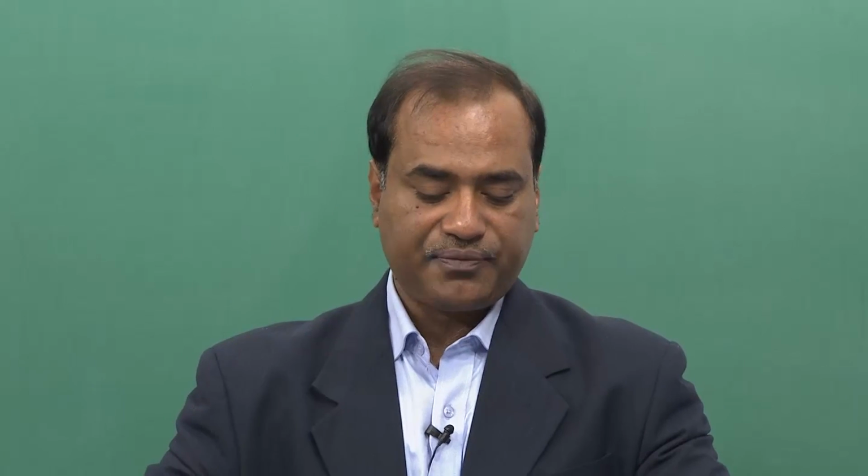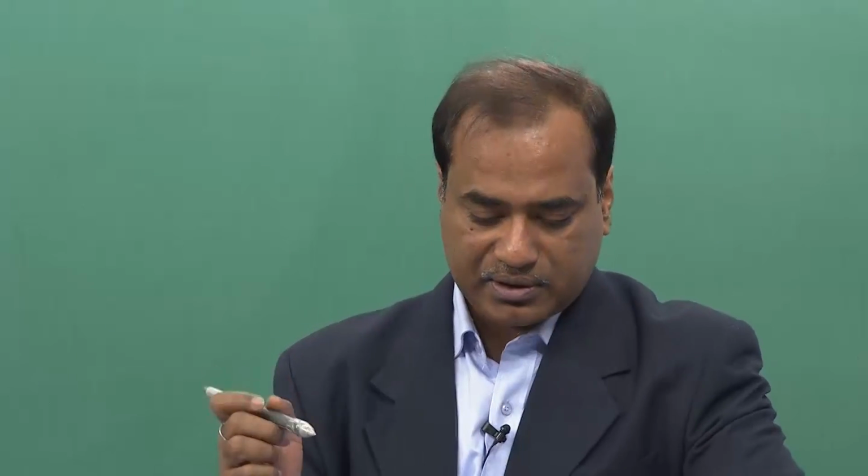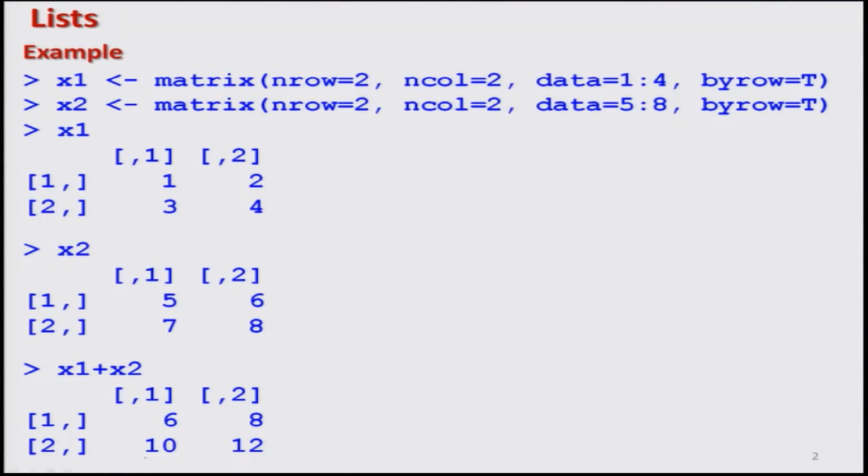Now we continue with our lecture, and let us try to take some example to understand more about the list command. Here, if you try to see, I have constructed two matrices. One I am denoting by x1 and another by x2. These are simply 2 by 2 matrices. Number of rows in both the cases are 2, number of columns are 2, and all the data has been arranged by rows.